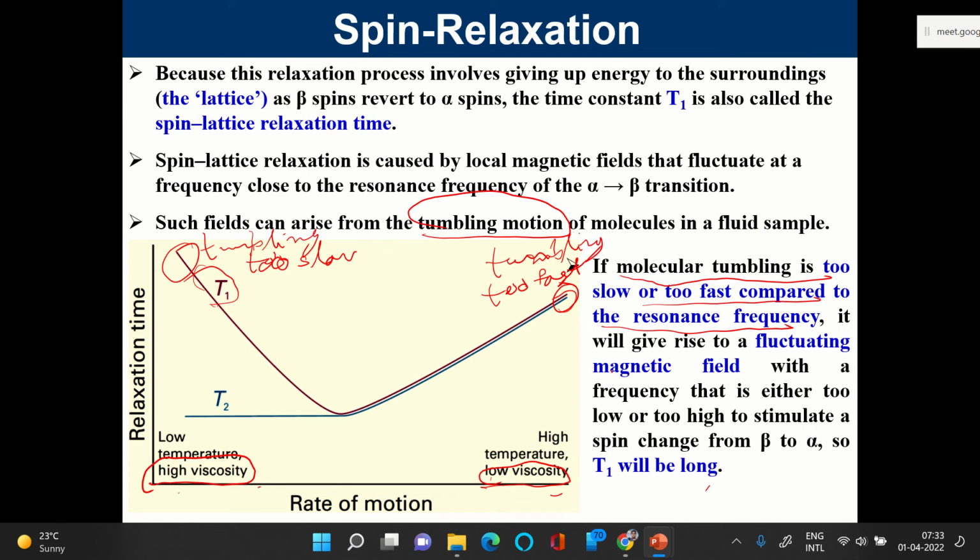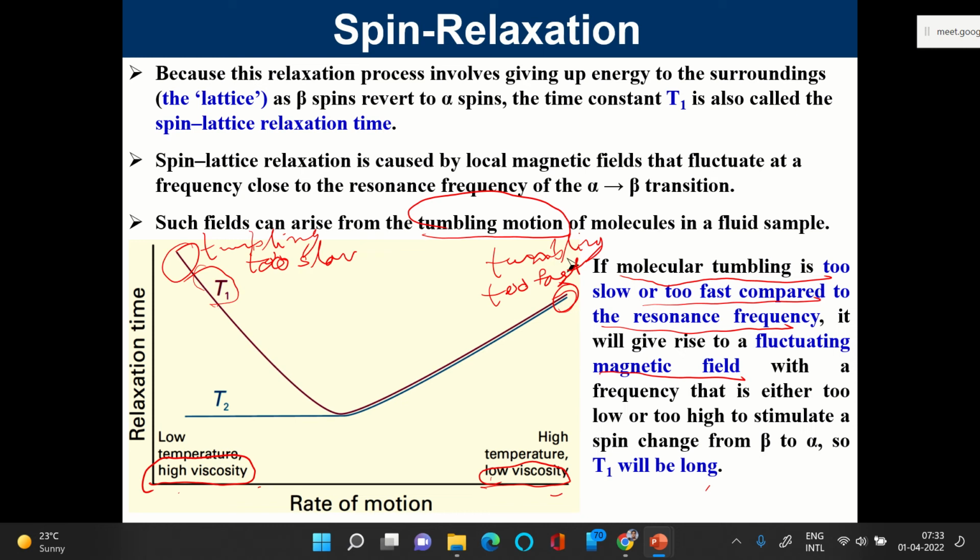This is because the fluctuation in the magnetic field is not matching with the resonant frequency, the applied field. So in that case the relaxation takes longer.